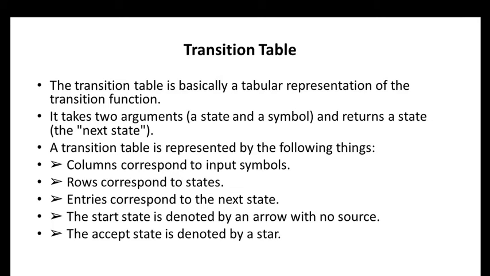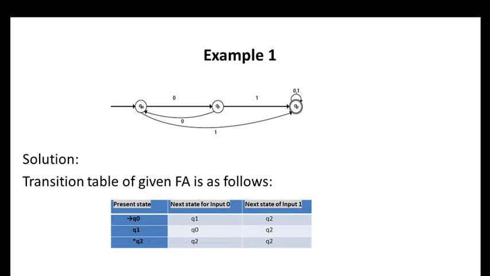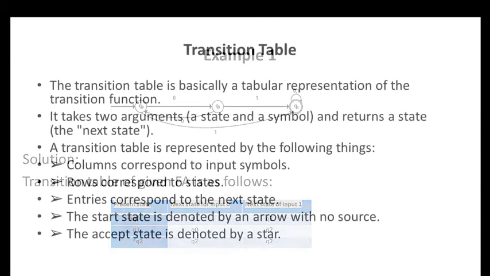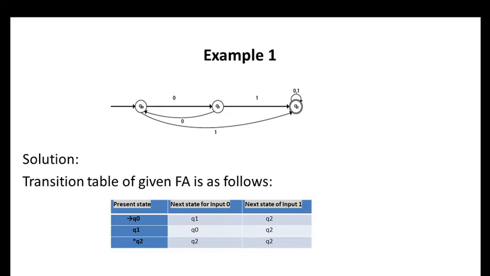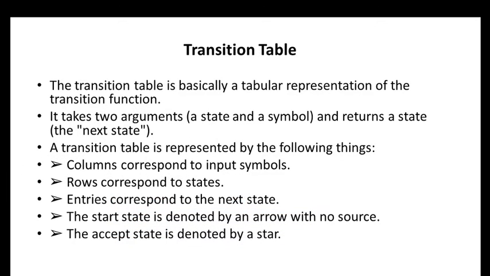The columns correspond to the input symbols. See, there is a transition table like this. These columns indicate the input symbols. The rows indicate the states, and the entries correspond to the next state.